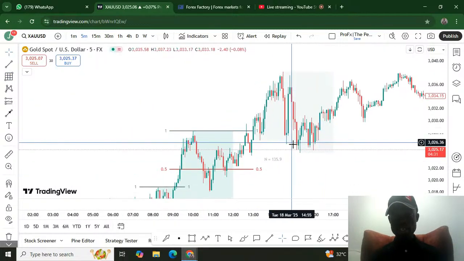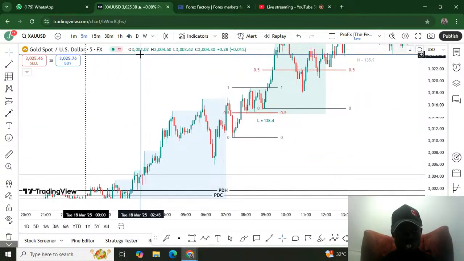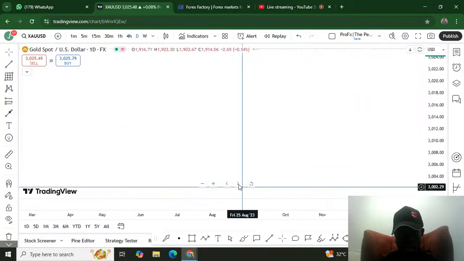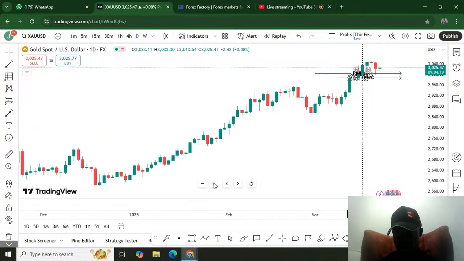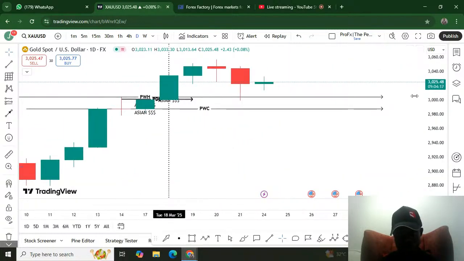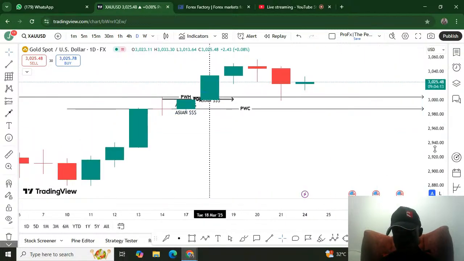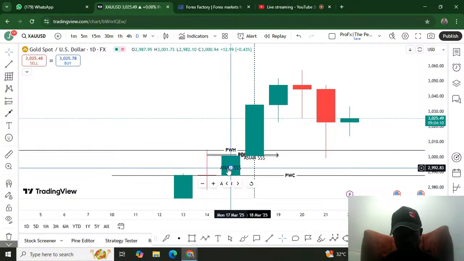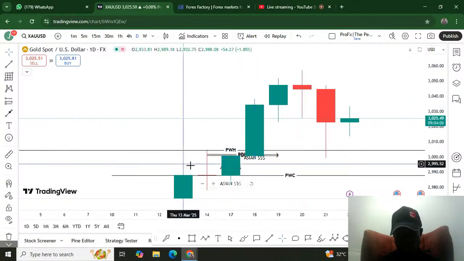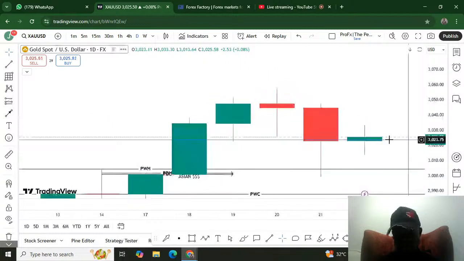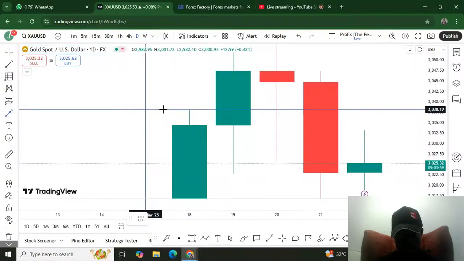Then we had the day. Can you see? That's for Tuesday. Then Wednesday. Monday, Tuesday, Wednesday. Tuesday closed bullish. So we do the same thing again.